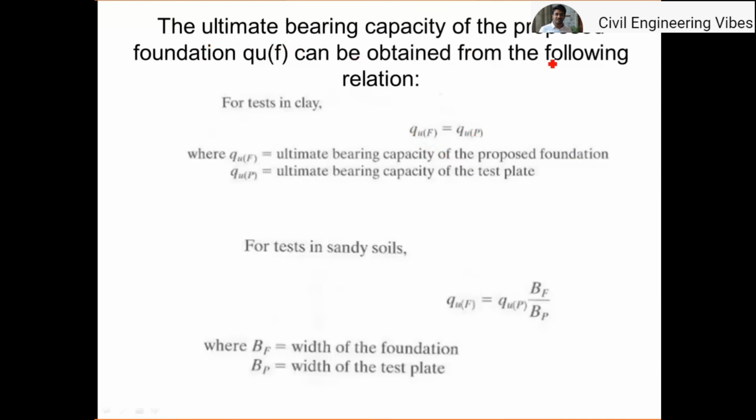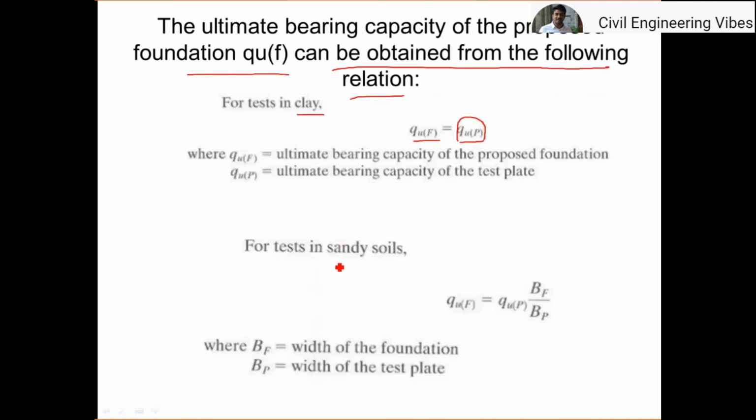The ultimate bearing capacity of a proposed foundation, QUF, can be obtained from the following relation. Once we have the reading of QUP, for clay soils QUF is equal to QUP.